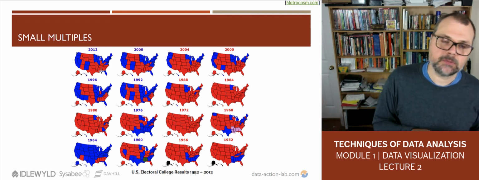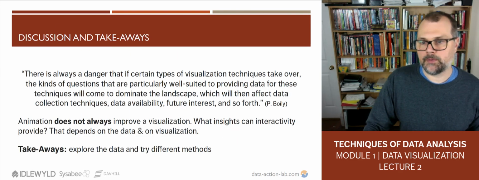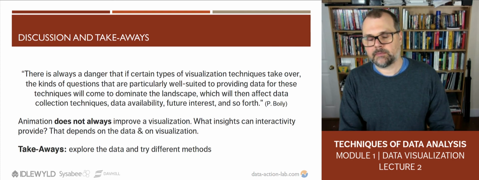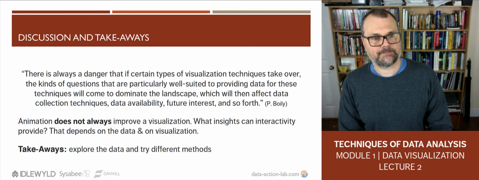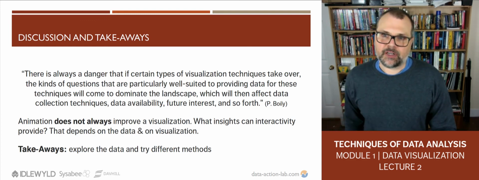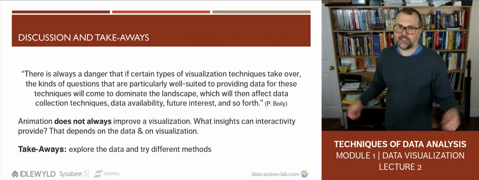Small multiples, a big way to get insights out of your data and your visualizations. Animation, I've mentioned a little bit about taking snapshots over time and then stitching them together.